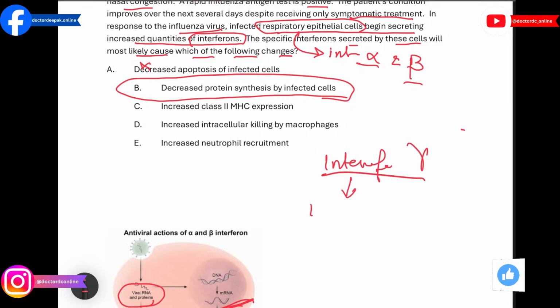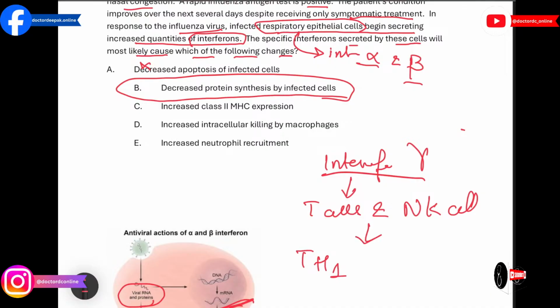It is released by T cells and natural killer cells, and it promotes the differentiation of T helper 1 cells, increases the expression of MHC class 2 on antigen presenting cells, and improves the intracellular killing by macrophages.